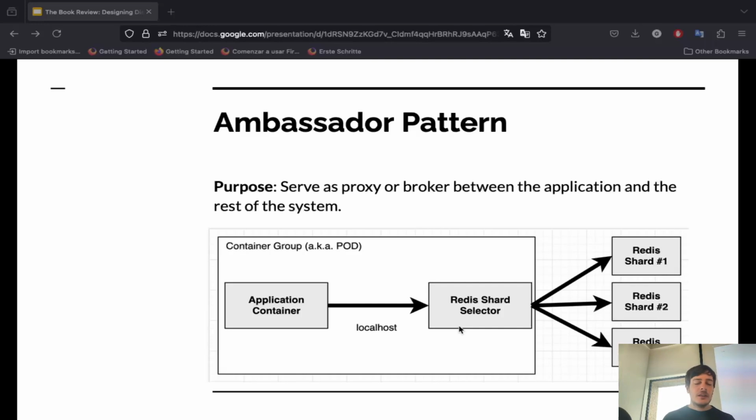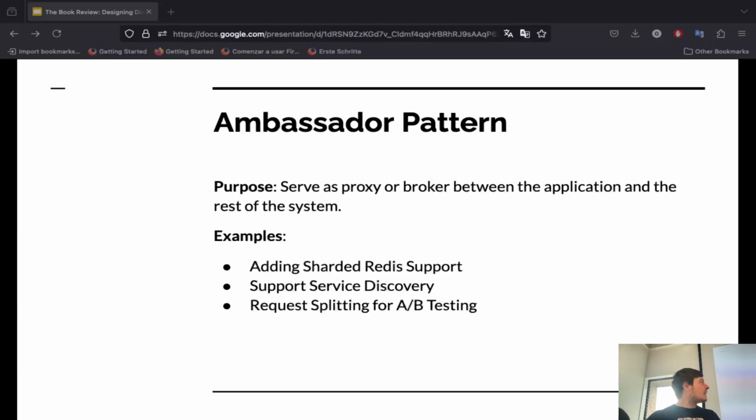The book mentions something about the scale of the applications that you are running, and also mentions that having a load balancer means an extra service that you need to monitor, that you need to inspect, which I would say, well, we also need to maintain and monitor the ambassador. So it's not clear cut. It has its use case nonetheless, like it mentions.